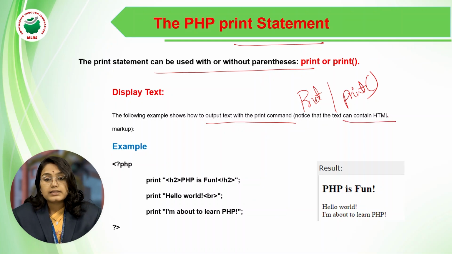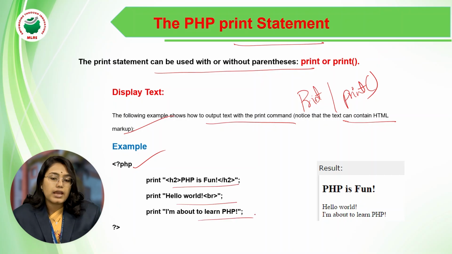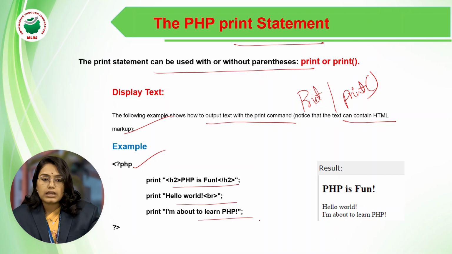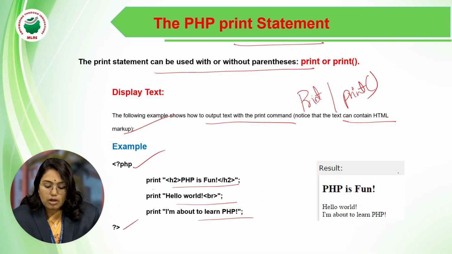Notice that the text can contain HTML markup language also. After opening the PHP, we want to print the same message. In the above example, we have taken the same for print to see the little difference. What is the difference between echo and print? Now, let's close the PHP tag. Then, let's see the output.